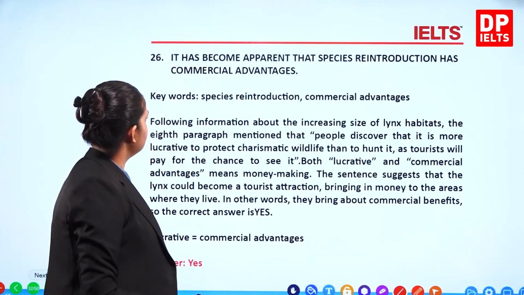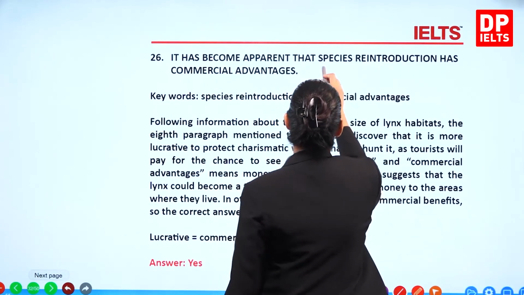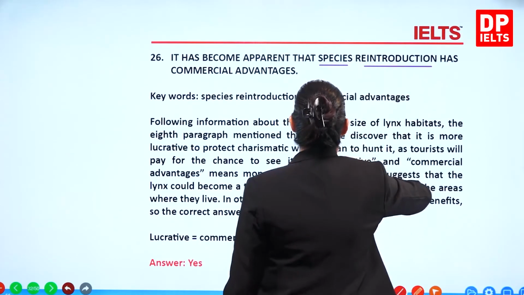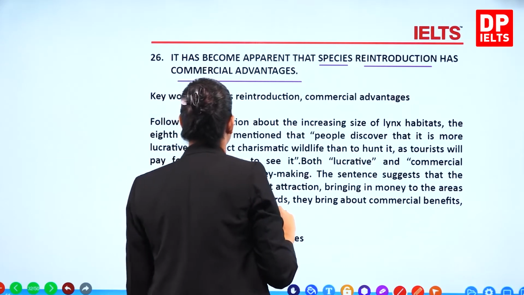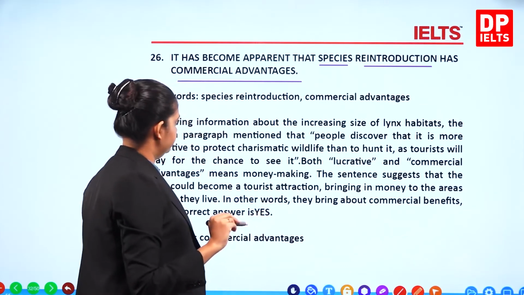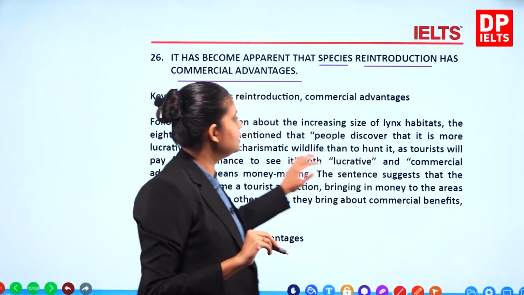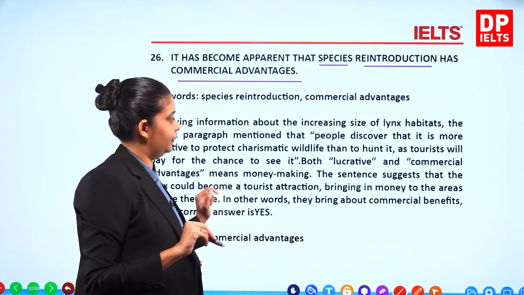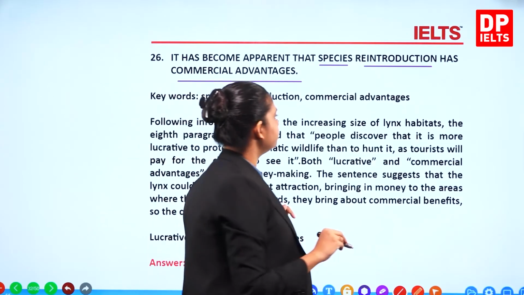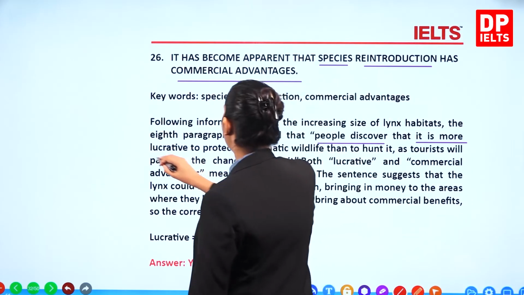Question number 26. It has become apparent that species reintroduction has commercial advantages. Now, the information about increasing size of lynx habitats is there in the 8th para, and it states, people discover that it is more lucrative.